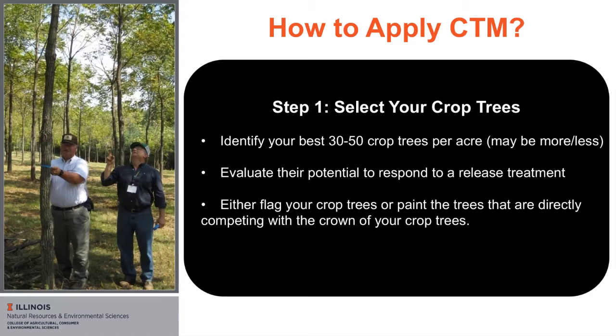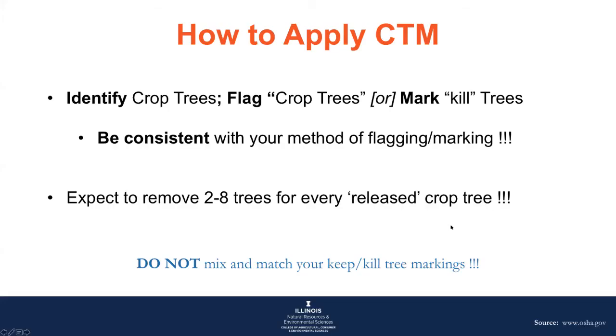And also you need to either flag your crop trees or paint the trees that you want to remove during your crop tree release process. So identify the crop trees, and what I tell people is just be consistent with your method of flagging or marking.